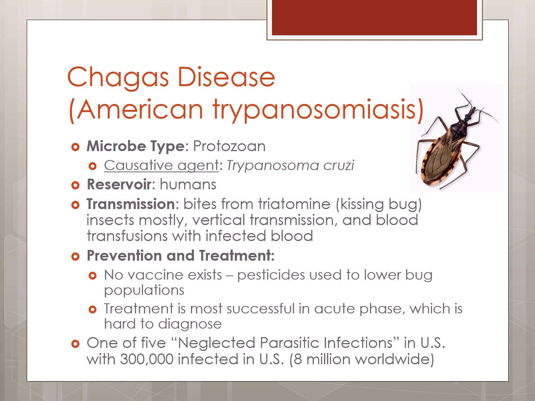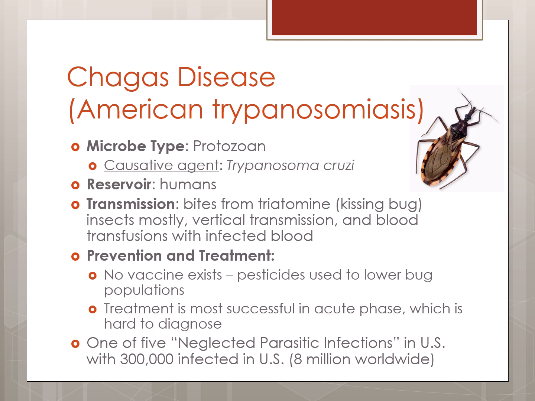So that's where this protozoan likes to live, in this particular type of bug called a triatomine? Whatever, no, it is a kissing bug. That's fine. But the transmission is the bite from one of these kissing bugs.